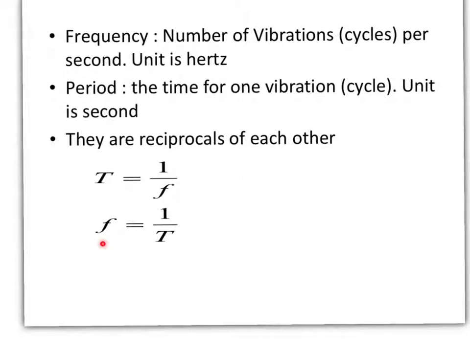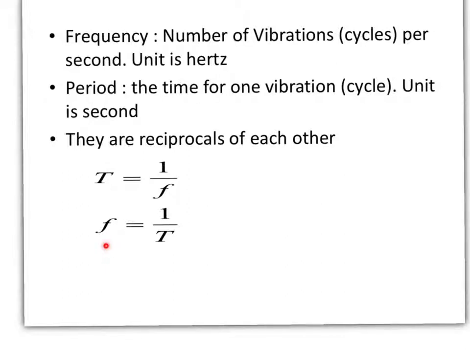Now I think you can get a sort of a feeling for why this is true. Let's say that you had a wave that had a period of 3 seconds. What that would mean is that it took 3 seconds for the full wave to pass by a given point. What would be the frequency? What would be the number of waves passing by a given point per second?